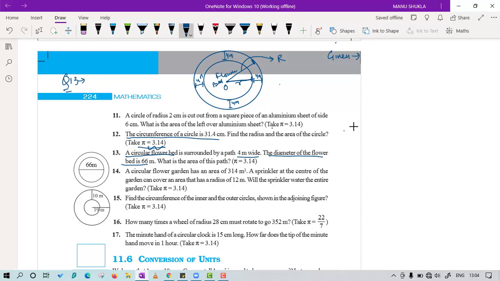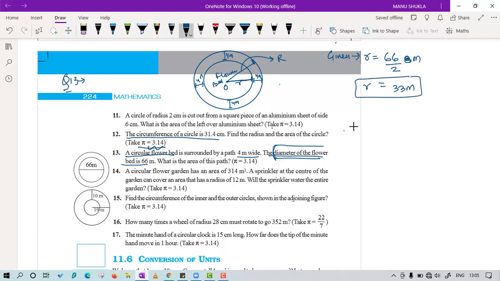Okay, now given to us is radius equal to how much? They are saying diameter is 66, so radius is 66 upon 2 meters. So this is 33 meters given to us.